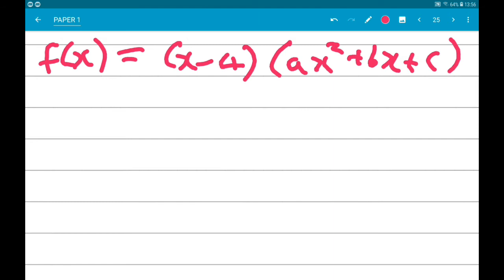So a is 2. We can also get c quite easily, because we know that minus 4 times c must be positive 48.